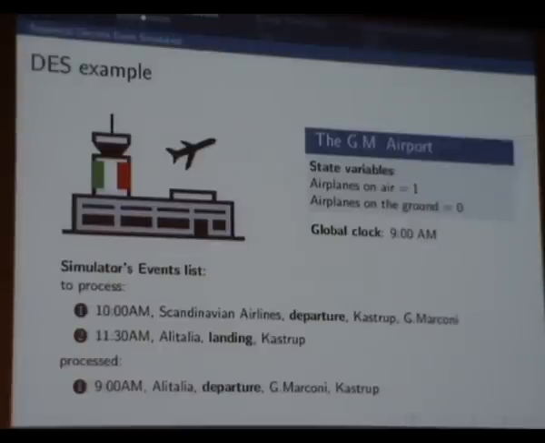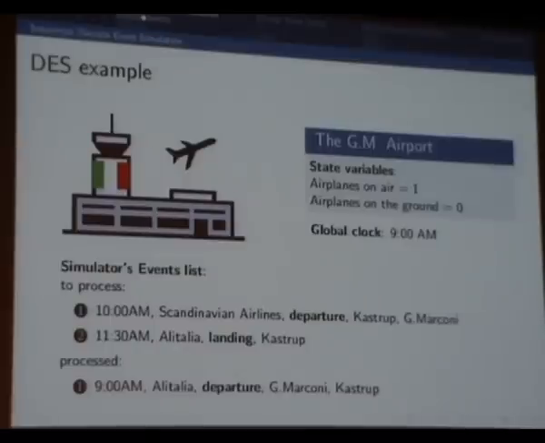We have the event processed at 9 a.m. The global clock in the upper right corner is 9 a.m., so it has advanced by one step. You can see the state variables of the airport, and we have two events processed. The first one is the departure of the Scandinavian Airlines flight, and then we have another event, the landing of the Alitalia flight to Kastrup Airport.